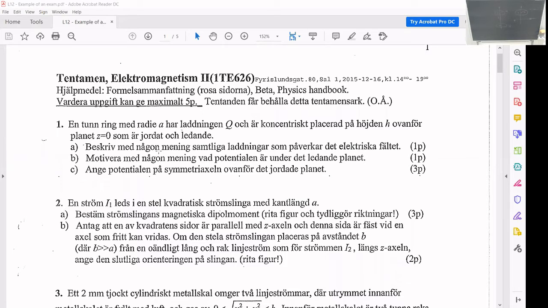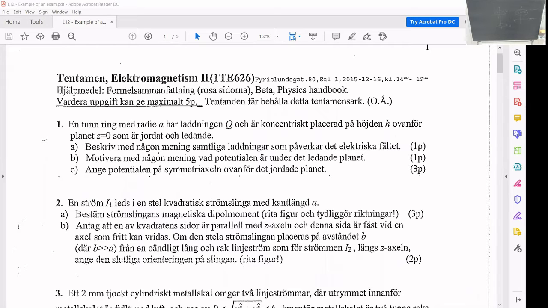So the charges which affect the electric field will be on the ring, and these charges will mirror on the charging plane. So there will be a surface charge distribution on the grounded plane, a mirror charge.